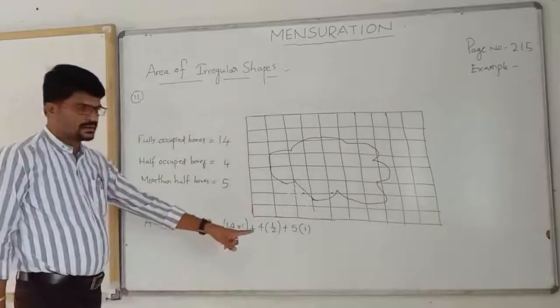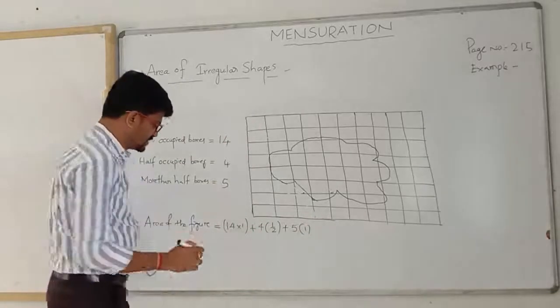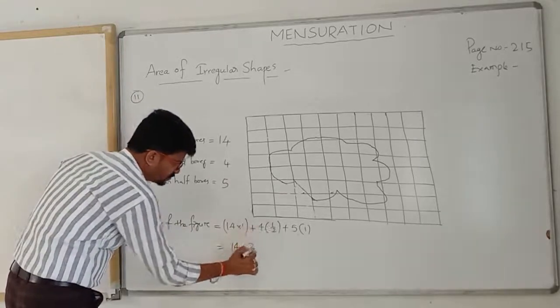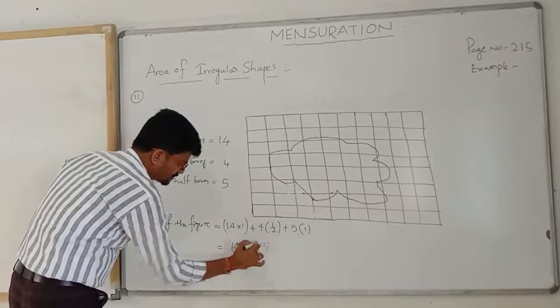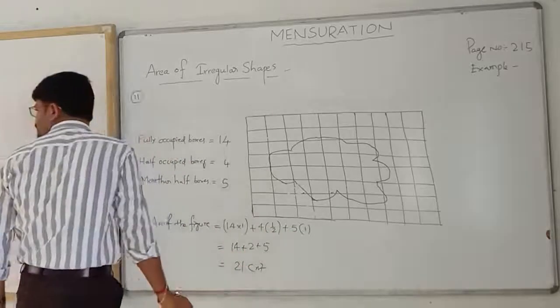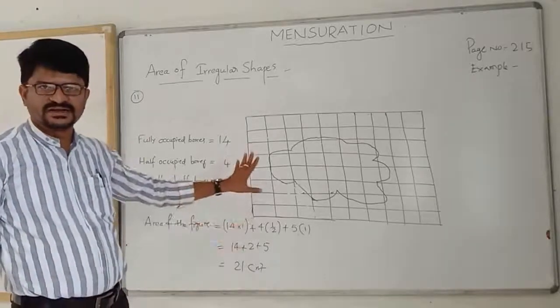Am I right? Half boxes means half centimeter square. Now this is 14 plus 4 into half is 2 plus 5 into 1 is 5. That implies 21 square centimeters. Got it, children?